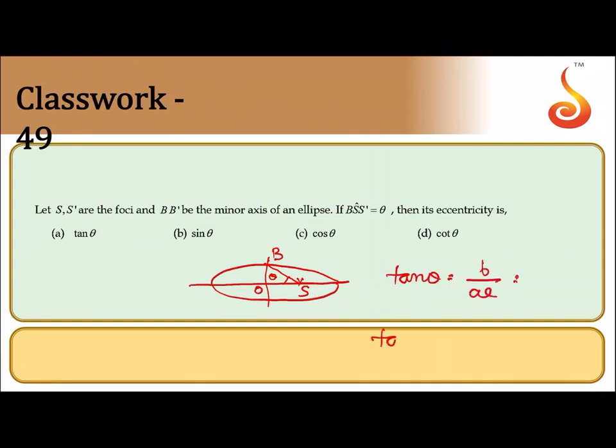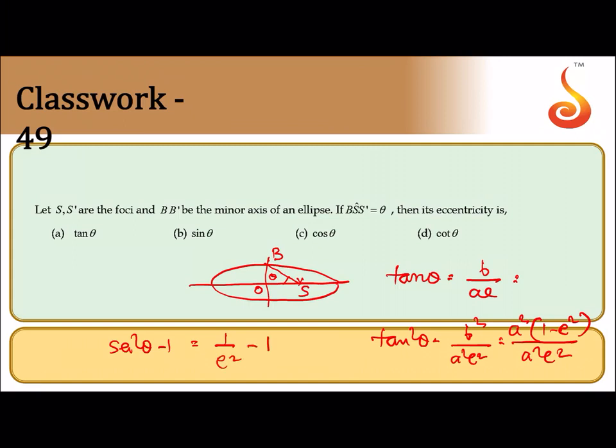So tan theta will give you B by AE. So you have to calculate tan square theta is equal to B square by A square E square. What is B square? A square into 1 minus E square, divided by A square E square.